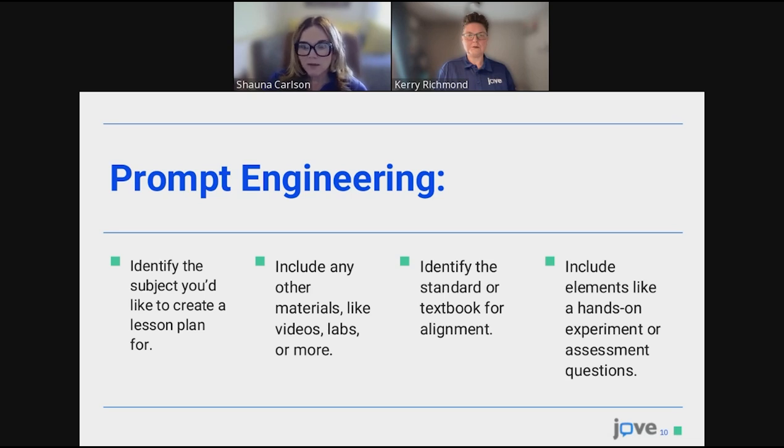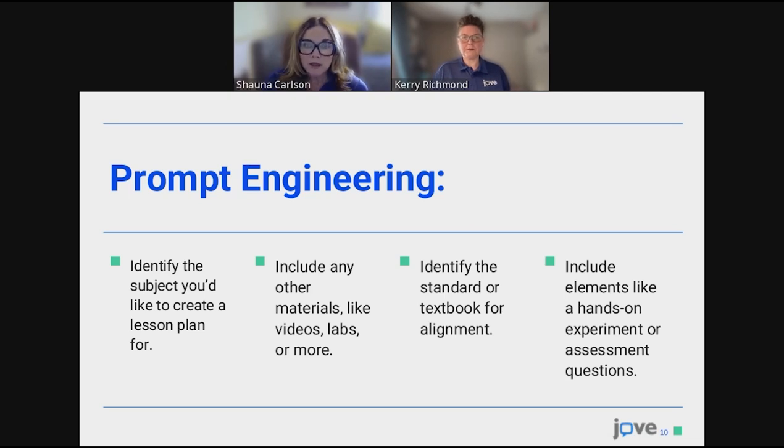So for this example, never heard of the term, but yes, that's exactly what you're doing there, Philip. So for this example, for Newton's third law for the middle school physical science lesson, we've identified the subject that we want to create. We have some specific materials we might want to include as well, the video, some hands-on labs.